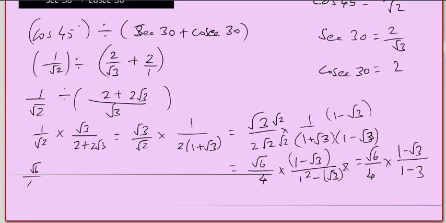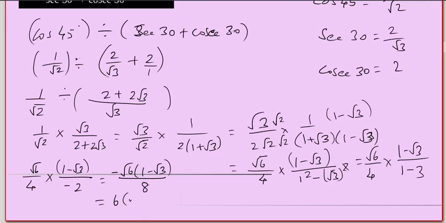Root 6 divided by 4 into 1 minus root 3 divided by 1 minus 3, which becomes minus 2. Okay, so we will get this minus, let me bring it to the numerator. So minus root 6 into 1 minus root 3 divided by 4 2s are 8. This minus, if we bring inside the bracket, we will get root 6 into, so minus here, it will come minus here, minus into minus plus.